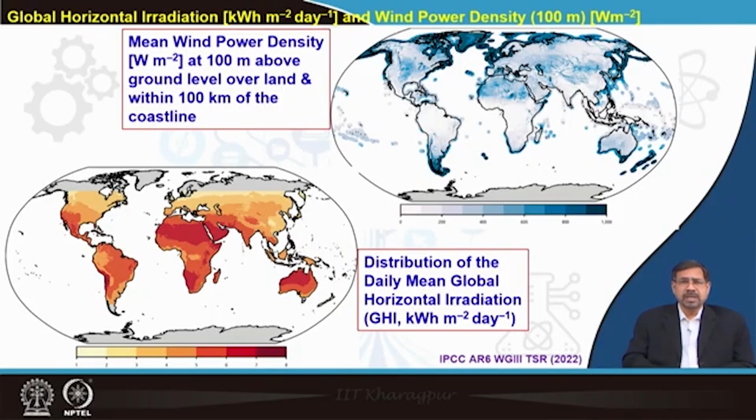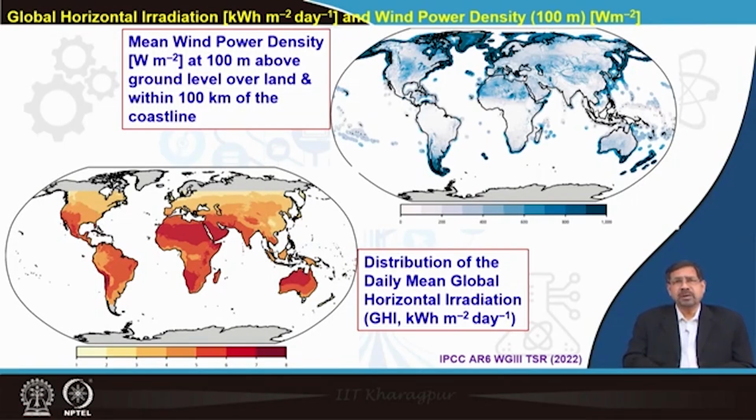So, what does it mean? We have the availability of irradiance potential, this is the variation pattern, and this could well guide us in putting our trapping equipment in order to trap the irradiance.